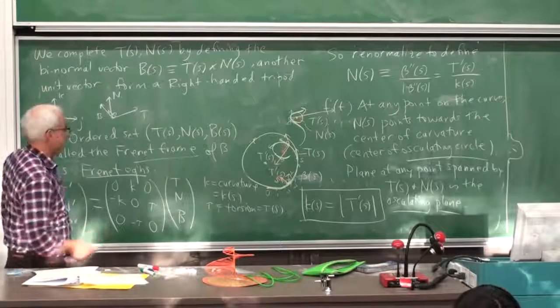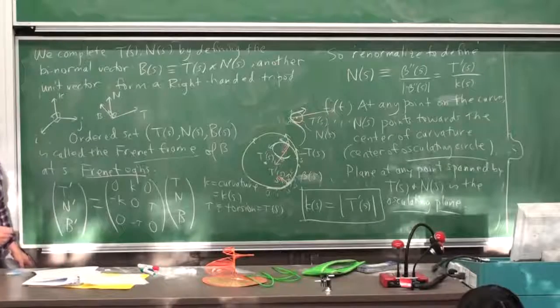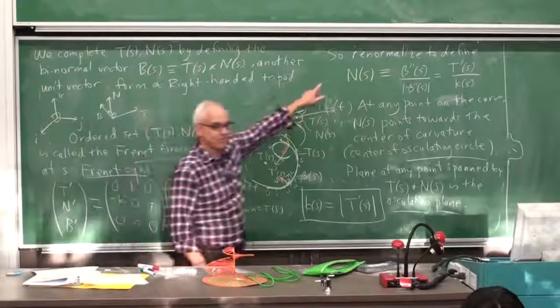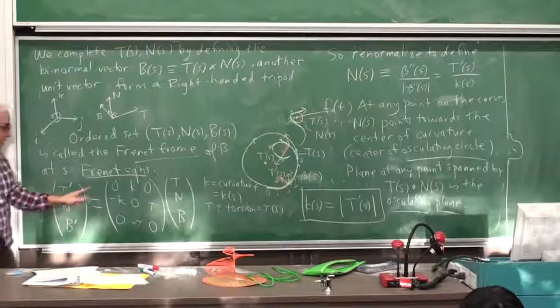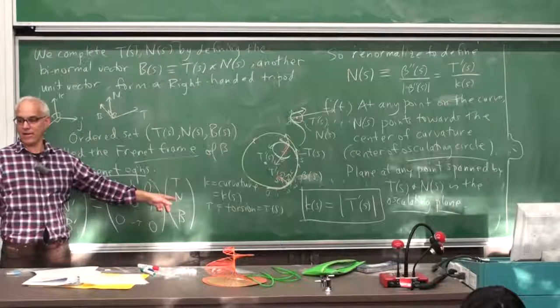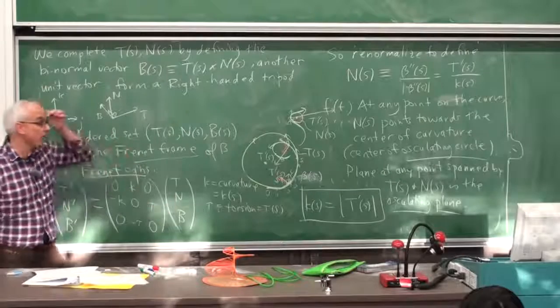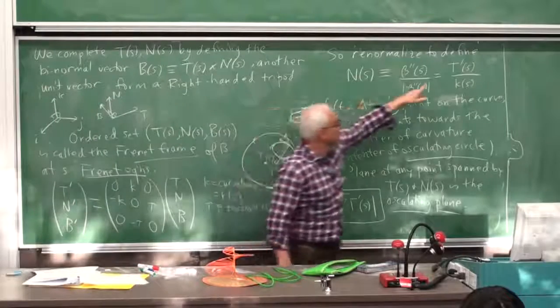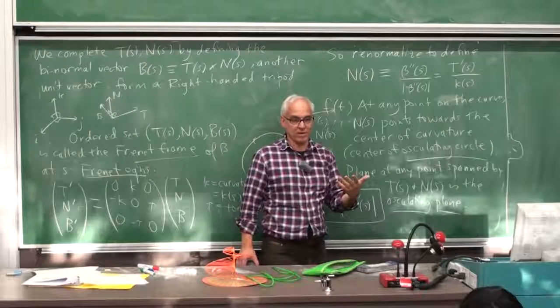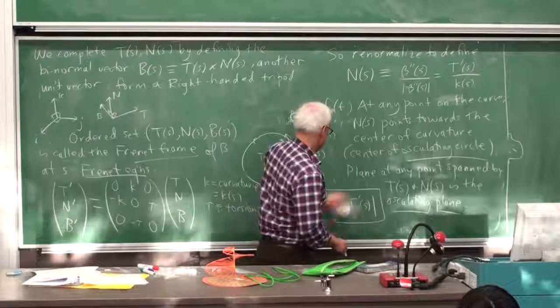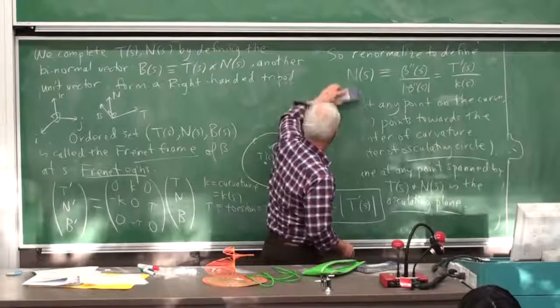Okay, one of these equations we already have. It's right here, like the first one. The first equation says that T prime equals K times N. That's exactly this equation right here. And basically we defined N so that that was going to be the case.